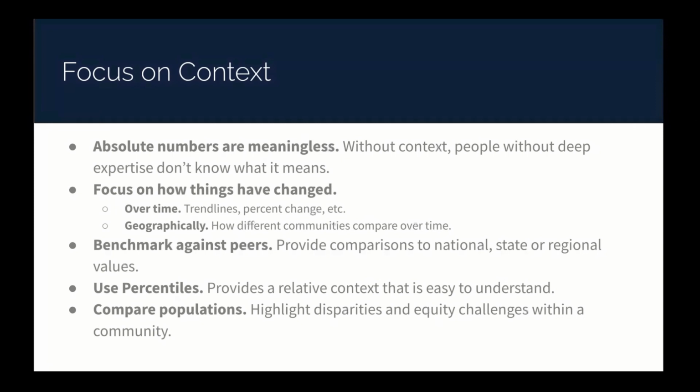The fourth approach would be to use percentiles, ranking or categorizing your community needs through the use of percentiles. It can be a really helpful way of giving that relative context that pretty much everybody understands.